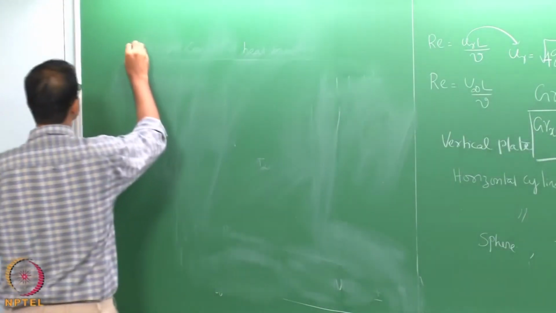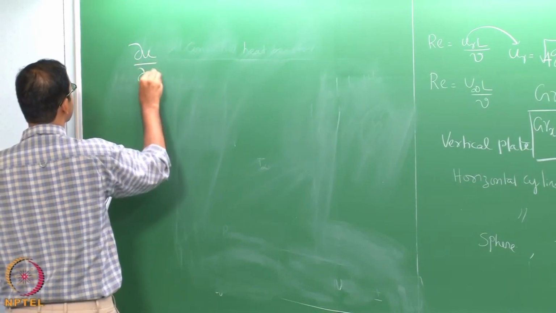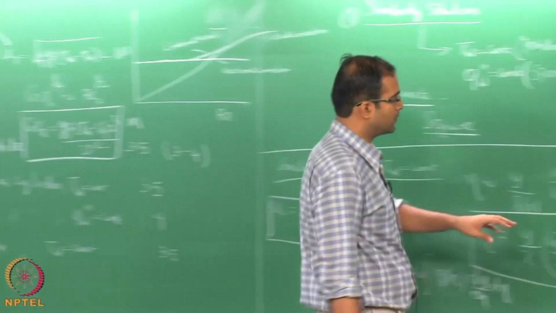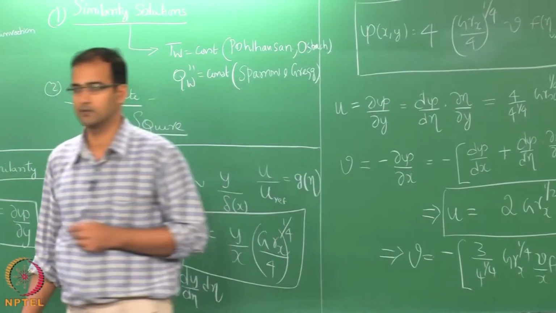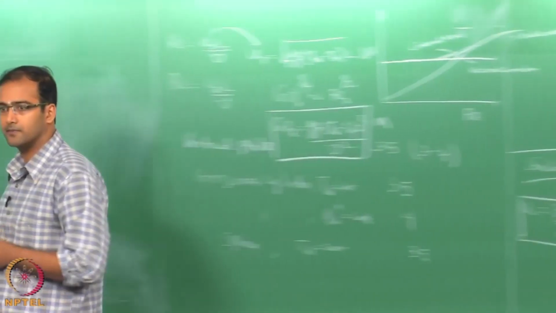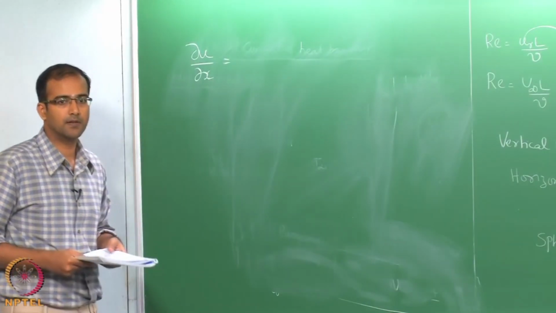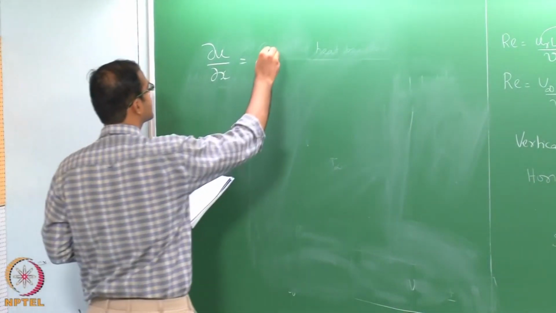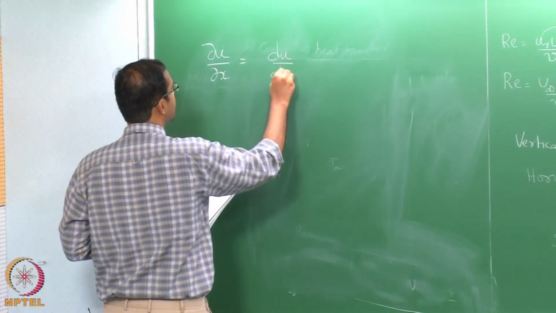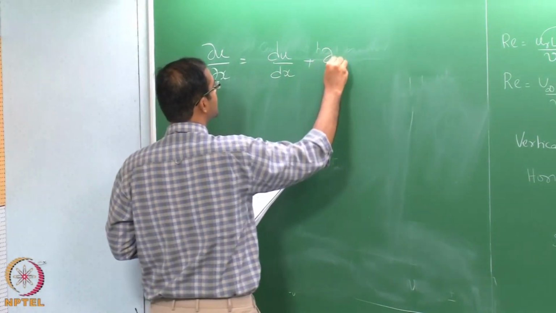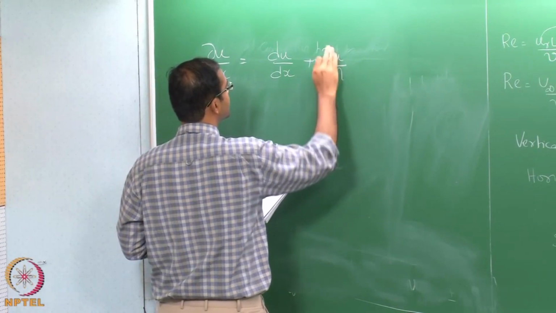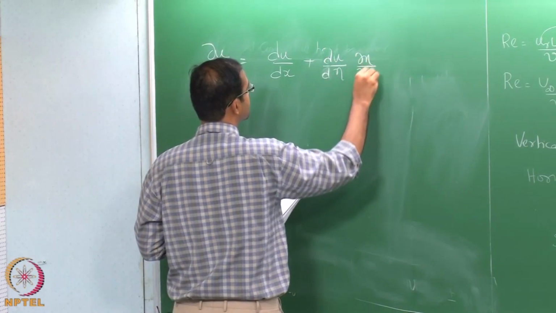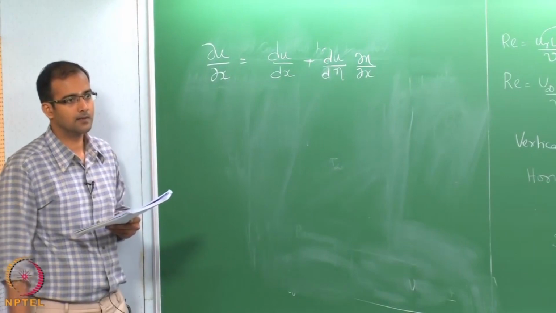So, therefore, the first step is du by dx. Okay. Now, how do you calculate du by dx? Now, you should tell me. So, again u is a function of x directly and also through eta. Okay. So, we can write this as therefore du by dx plus du by d eta into d eta by dx, right.